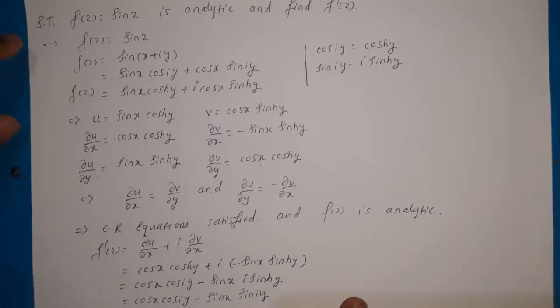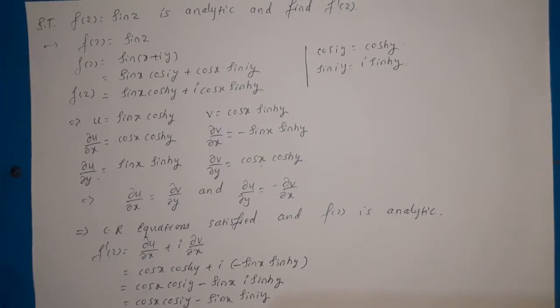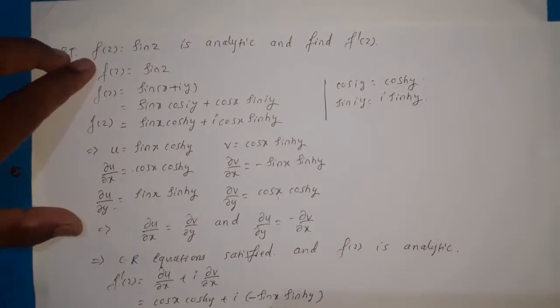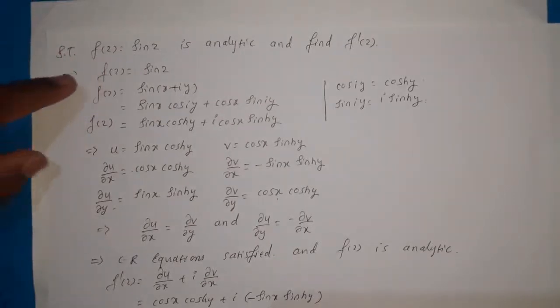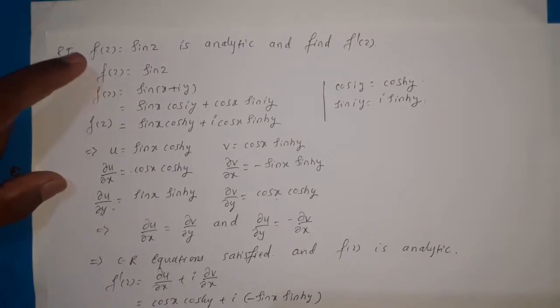So here we have proved that the function is analytic and we have determined f dash of z. Here it is given that f of z equal to sin z, and we might think we can directly differentiate the function f of z with respect to z. But here we cannot differentiate directly because z is a function of two variables. Hence we have to use the formula f dash of z equal to dou u by dou x plus i into dou v by dou x, because we are writing f of z equal to u plus iv.